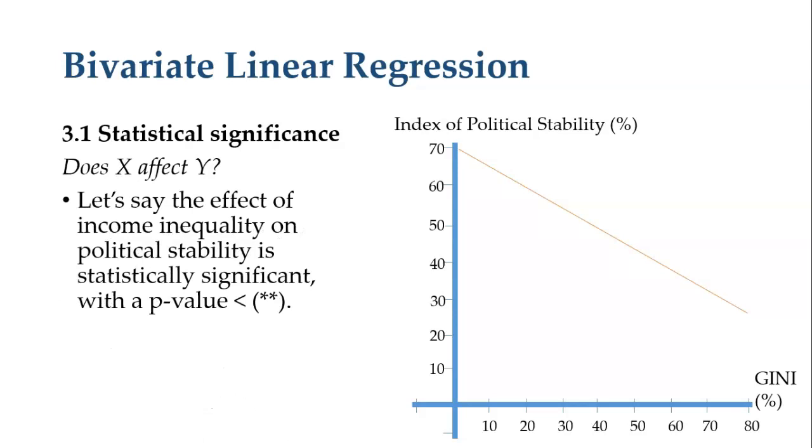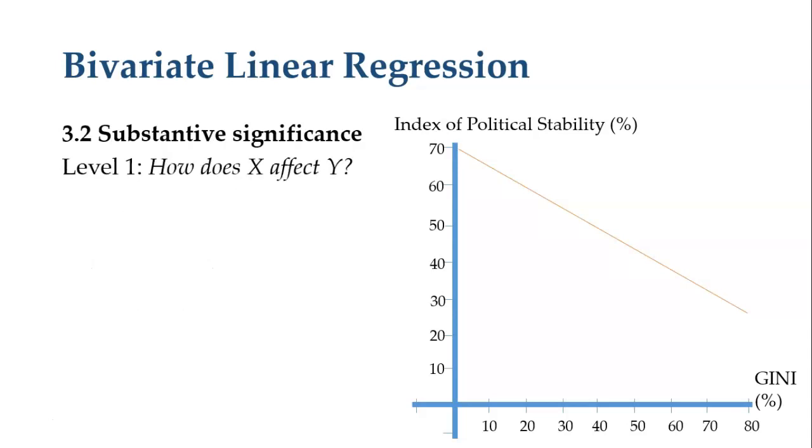Okay, so after we know that the effect is statistically significant, and let's say that in this example, income inequality has a statistically significant effect on the index of political stability, the next question is related to the substantive significance.